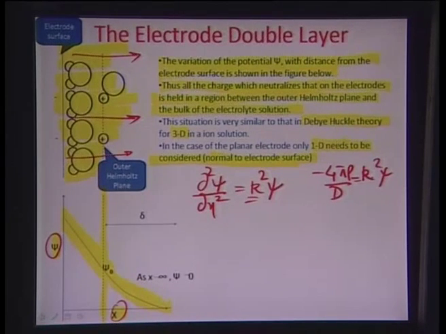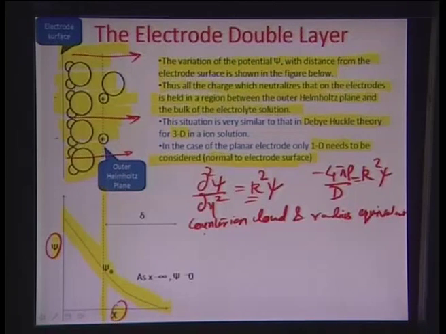Okay. Some interesting facts about this outer Helmholtz plane: if you remember, when we talked about the counter ion cloud and the equivalent radius of this cloud, we generated a term which was equal to 1 by k plus a.